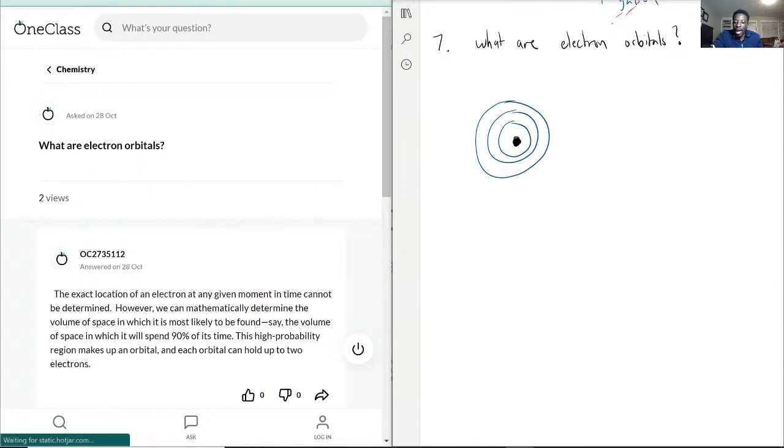So as you know more and more about where the object is, you know less about when it was there. And vice versa: as you know more and more about when the object was there, you know less about where the object is.